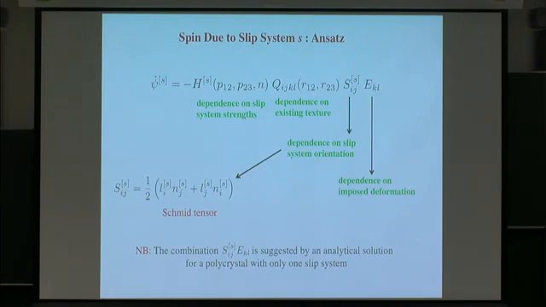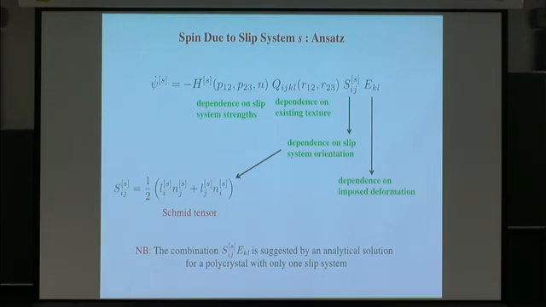Then there's a second piece which gives the dependence on the existing texture, the texture we have right now as we're doing the calculation. Next comes dependence on the slip system orientation. You can see that by the definition of this so-called Schmidt tensor here. It contains the direction of slip and the normal to the slip plane for a slip system S. And finally, we have a dependence on the imposed deformation, which is just defined as an imposed strain rate tensor.